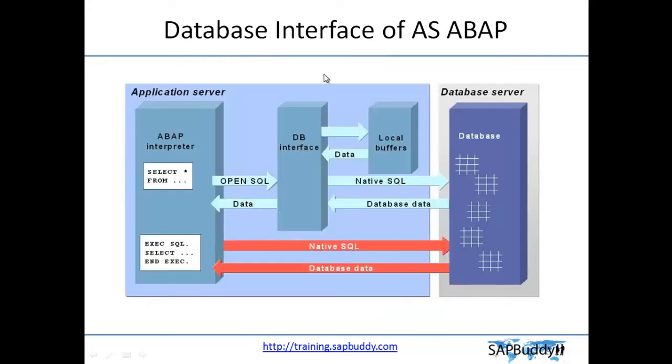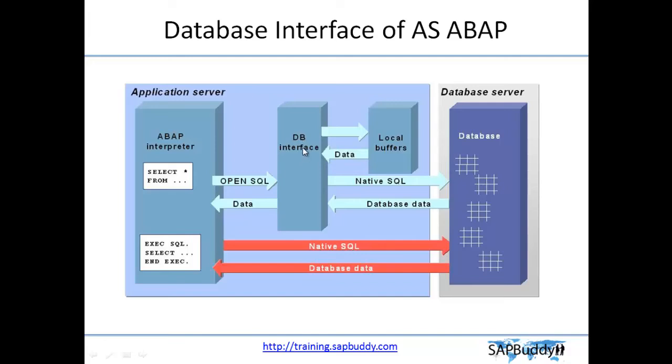Next, let us see the database interface of an ABAP system. Here you can see the application server, that is our SAP system, and the database. In general, all the programs executed in the SAP system are written in ABAP. These ABAP codes contain Open SQL statements, where you have a database interface.